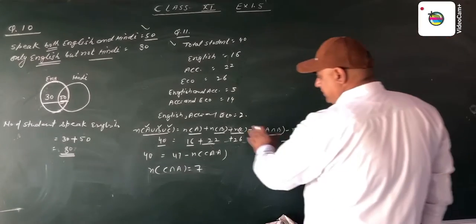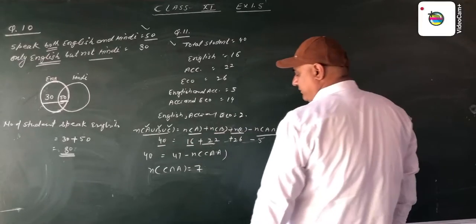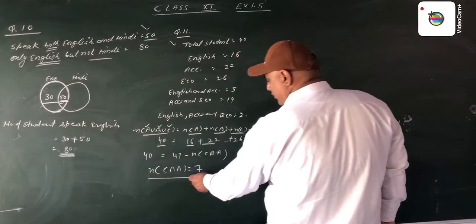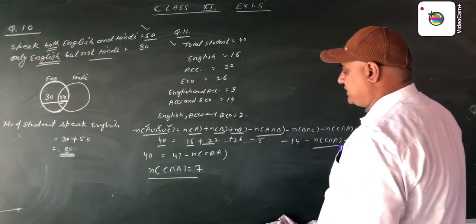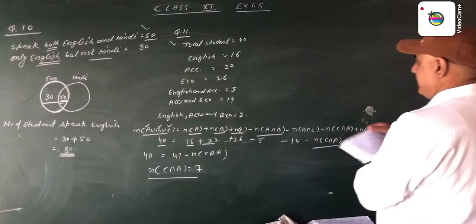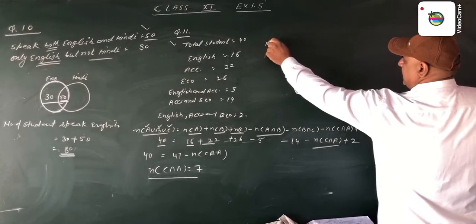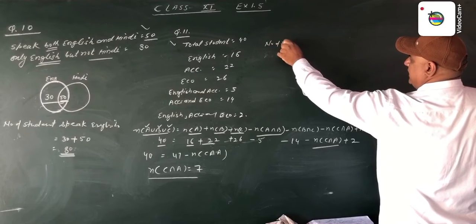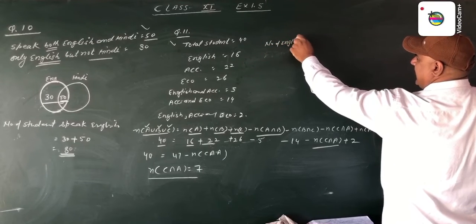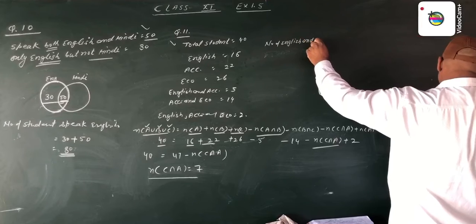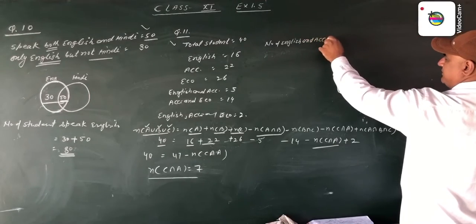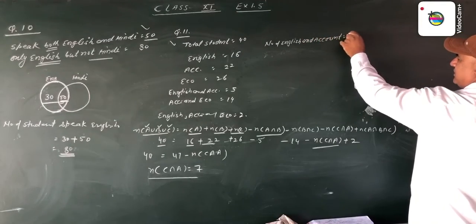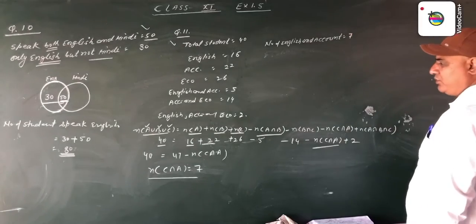Now we move these values to the right hand side and solve them. We find the value of n(A intersection B), meaning the number of students in English and accountancy, is 7.